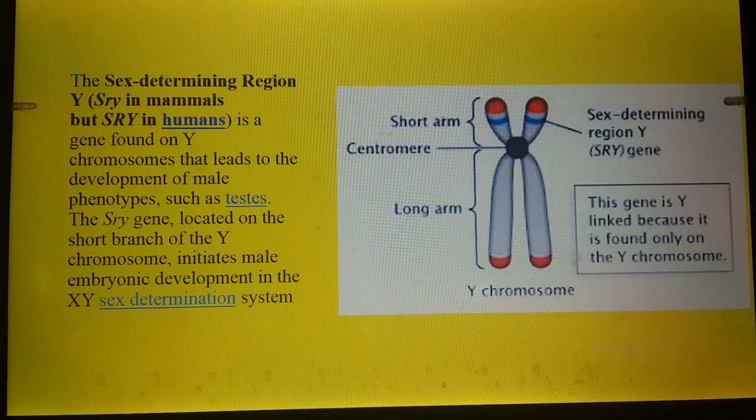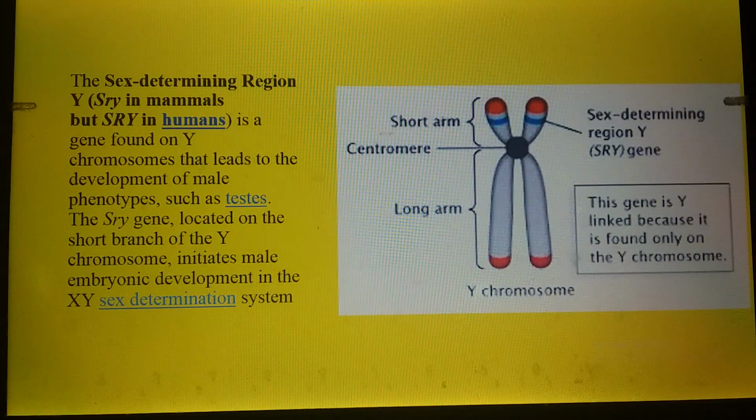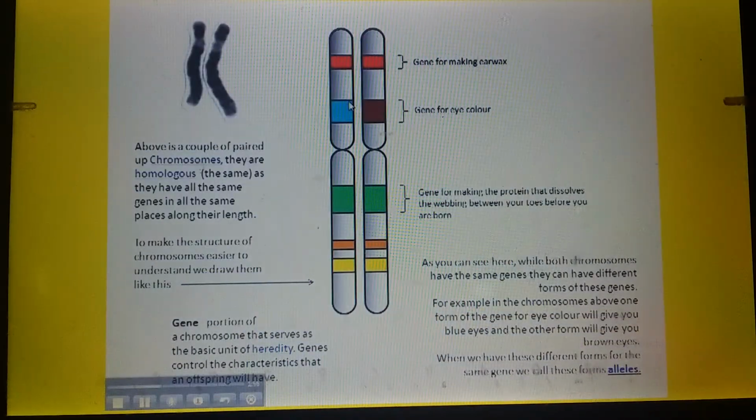So I hope the lecture will be clear to you people, and I will continue my next lecture from this point. I'm showing you here the chromosomes with genes, and I will start my next lecture from this slide, which is about gene interaction.